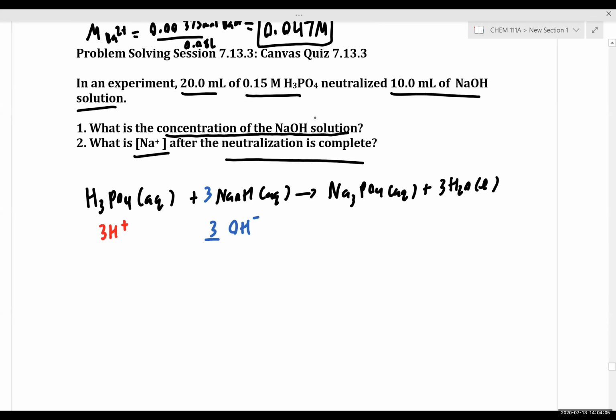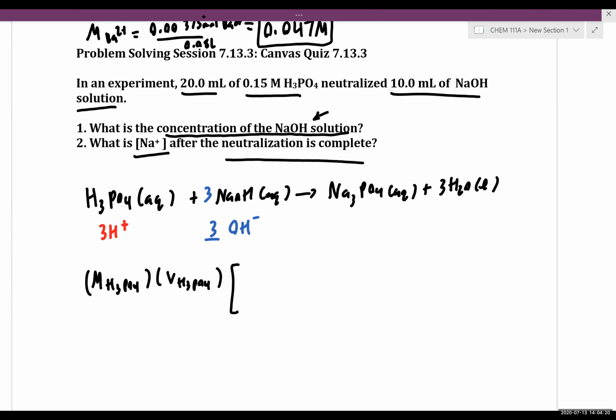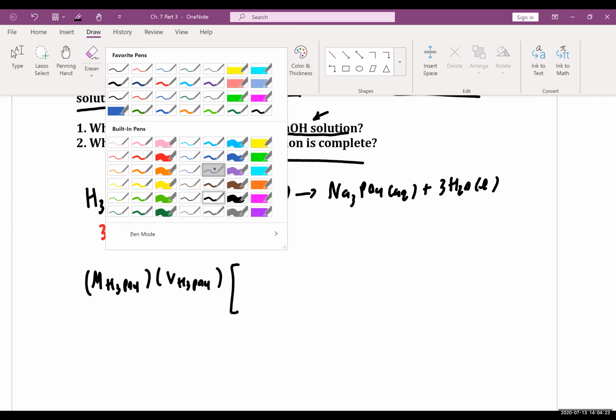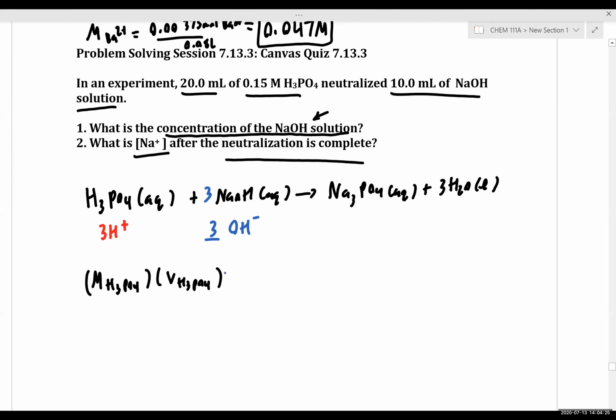To figure out the concentration of the NaOH solution, we know that the molarity of phosphoric acid times the volume of phosphoric acid times our mole to mole ratio, and let's figure that out right now. What is our mole to mole ratio?